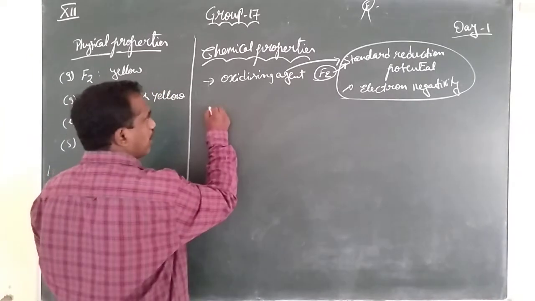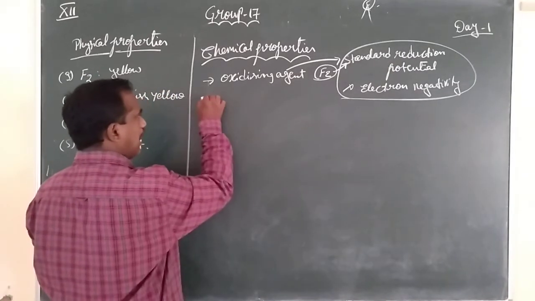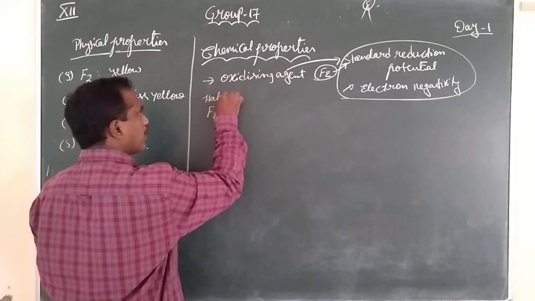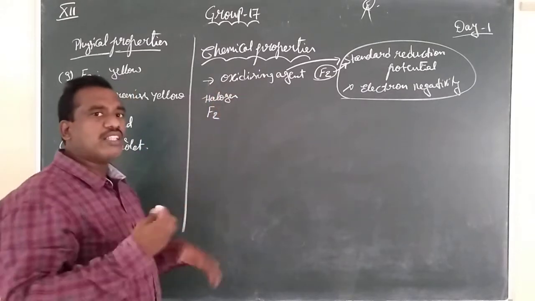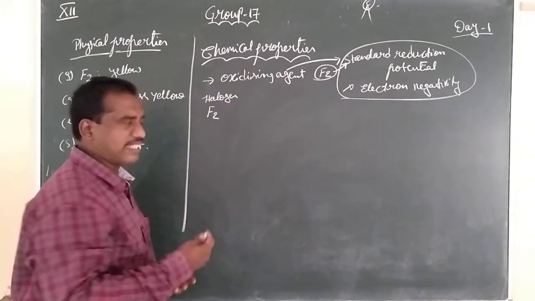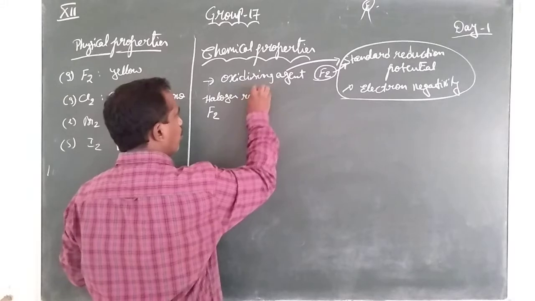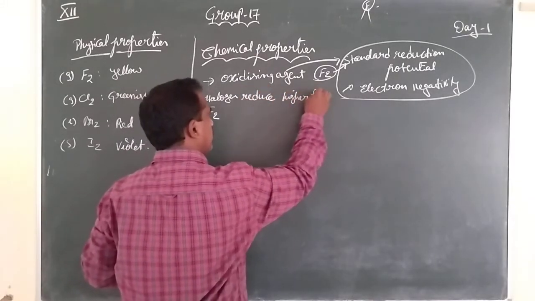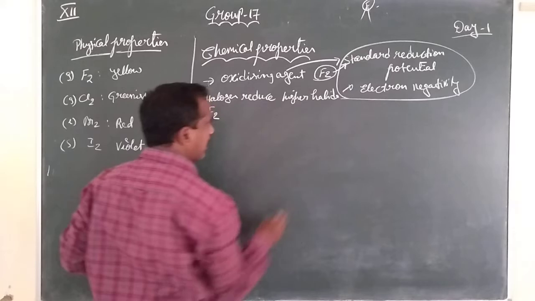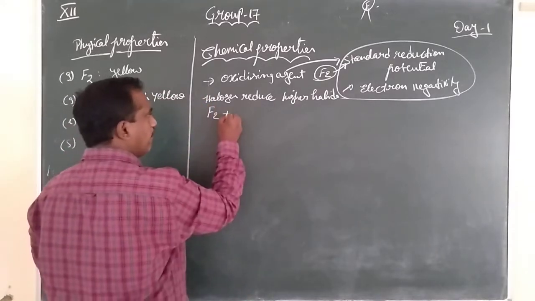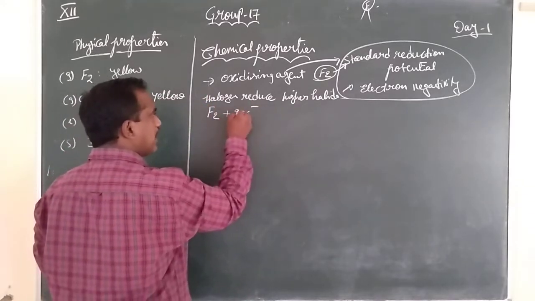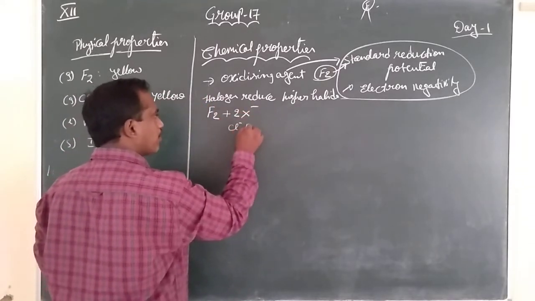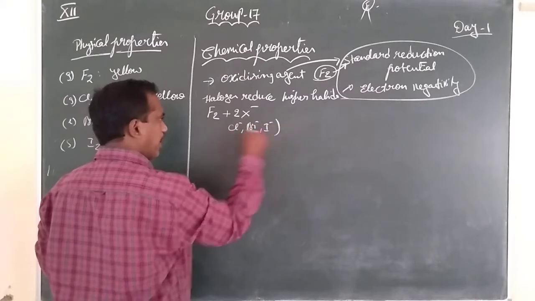What it can do? Any halogen, whatever it may be, can oxidize the higher halides. Fluorine can oxidize chloride, bromide or iodide.